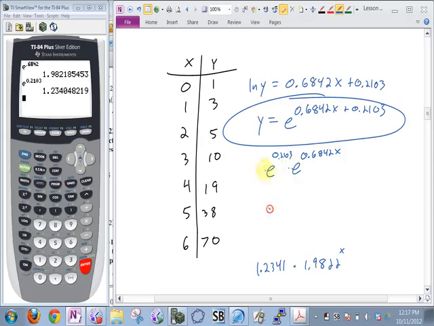So then e to the 0.2103 becomes this. E to the 0.6842 becomes that. And so they are the same. That's pretty cool. And the correlation coefficient was identical. So with your graphing calculator, you can just do exponential regressions. But the idea is it's really just a linear regression where you transform your data first.